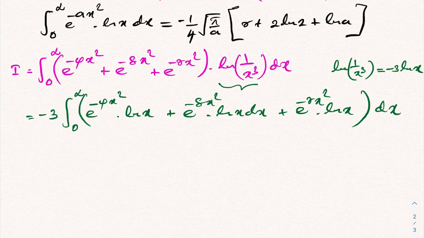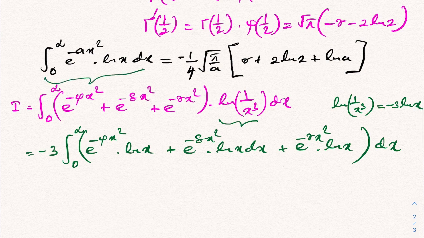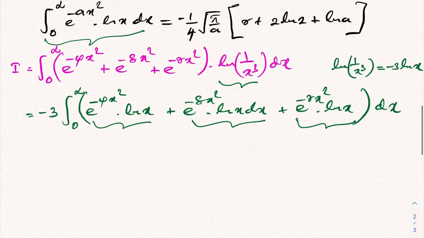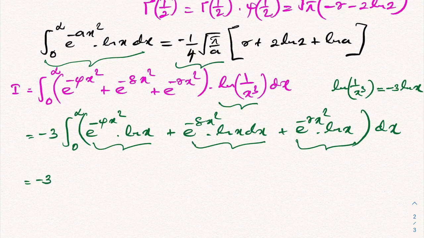Okay, then we know we evaluated the integral of e^(-a x^2) times natural log of x dx. So here are the same type of integrals, so we can write the answer: minus 3 times, here we have minus 1 over 4 times square root of pi. Here we have square root of a, so we can write 1 over square root of a.